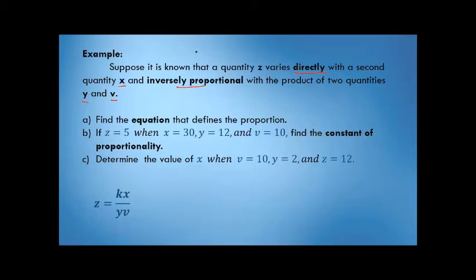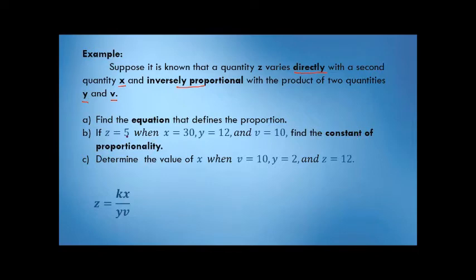So, ang sabi, yung Z is directly proportional sa X, pero inversely proportional siya sa product ng dalawa pang other quantity. So, what we're going to do is find the equation that defines this situation of proportion. So, kung titingnan natin, that is combined proportion. Kasi di ba magkahalo ang direct at saka inverse. And then, if we already know the equation, we're going to find the constant of proportionality.